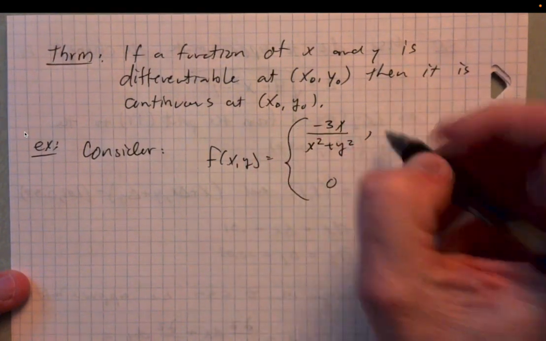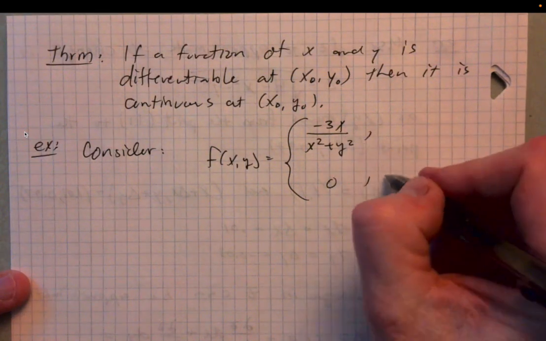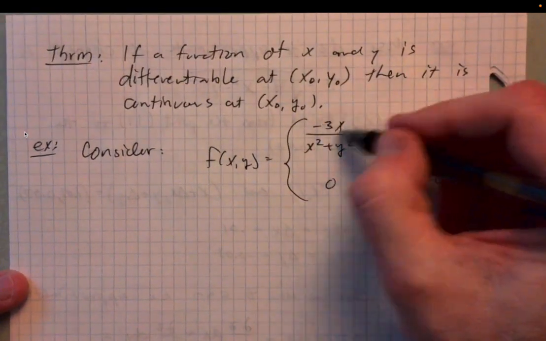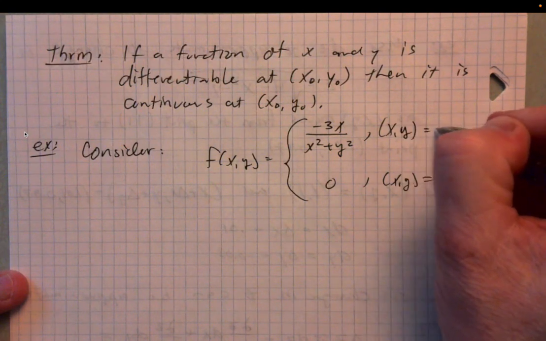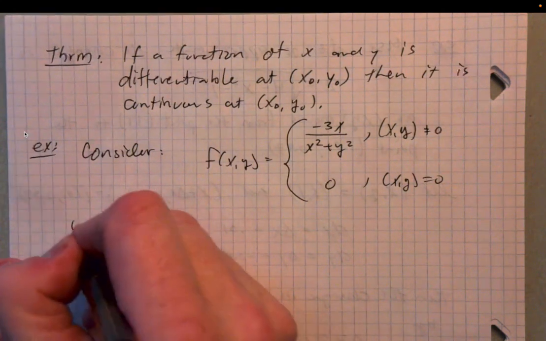In particular, it's 0 whenever x and y are both 0, and it takes this form whenever x, y is not 0. Okay, so what we're going to do is show that the partial derivatives of this function exist at 0, 0, but that f is not differentiable at 0, 0.